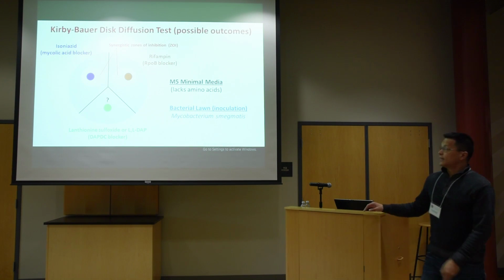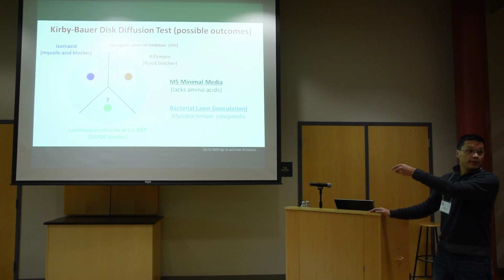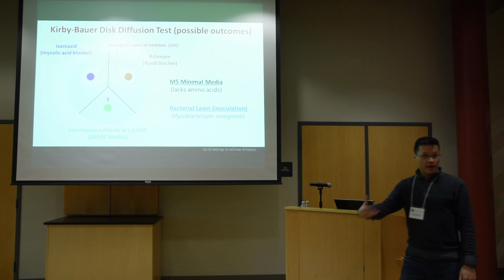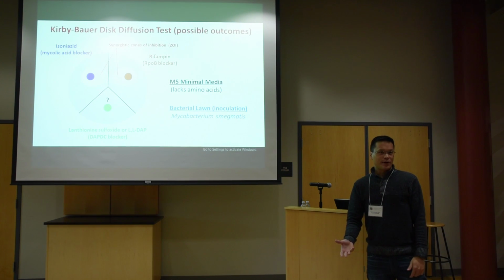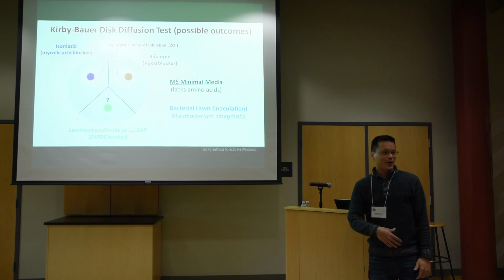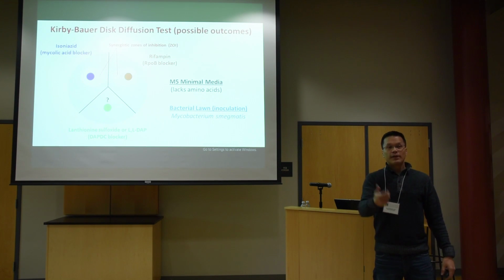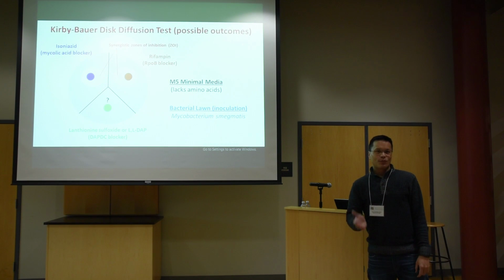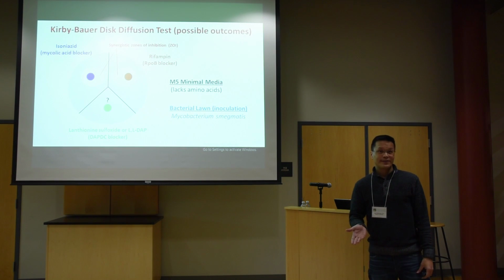And the idea here is, will we see any synergism with either lanthionine sulfoxide or with one of the stereoisomer competitive inhibitors as well, right? And the reason why this is really important is we're running out of drugs to fight Mycobacterium tuberculosis.